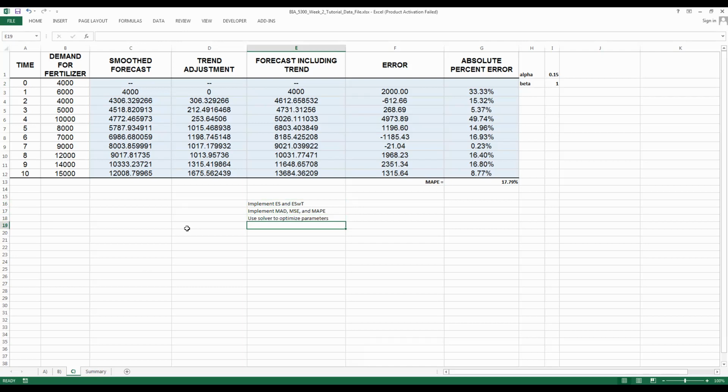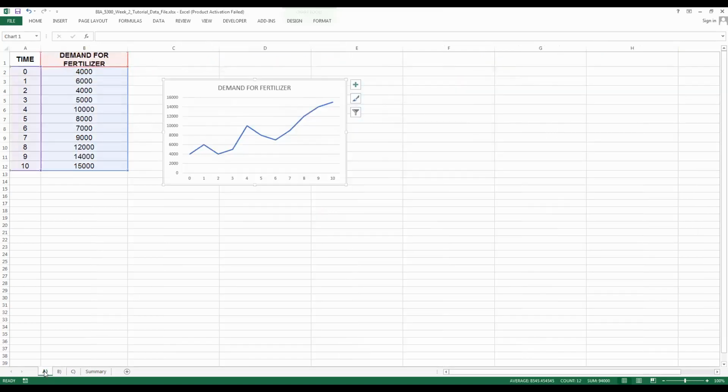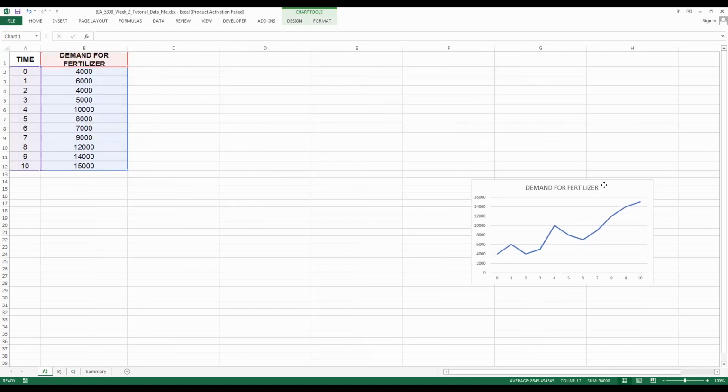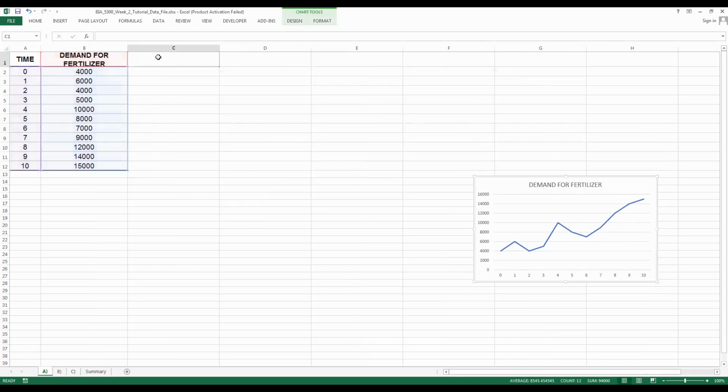And on that note, before we go for the day, I want to show you using Solver to optimize weighted moving average weights. Okay, so we're going to do that over on page A. I'm going to do a 4-period weighted moving average.